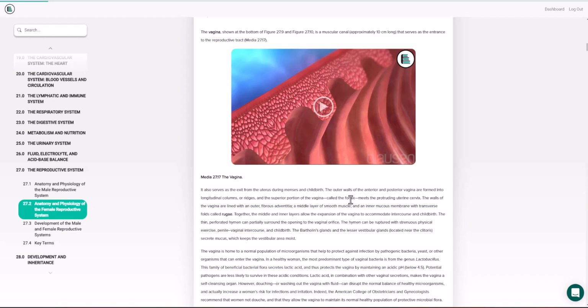And there are layers to the vagina, no surprise, and the walls are lined by an outer layer that's fibrous. There's a middle layer that's smooth muscle and an inner layer that is mucous membrane. And much like the stomach, there are folds along the vagina called the rugae.